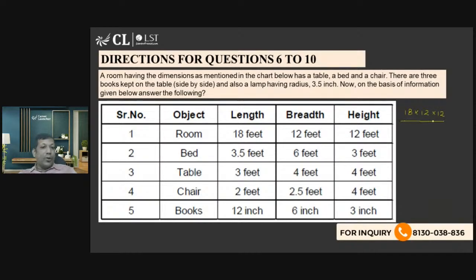What is the volume of one book? 12 inches is 1 foot, 6 inches is half foot, and 3 inches is 1 by 4 foot. So my answer should be 18 into 12 into 12 into 2 into 4, that is 8. Understood?